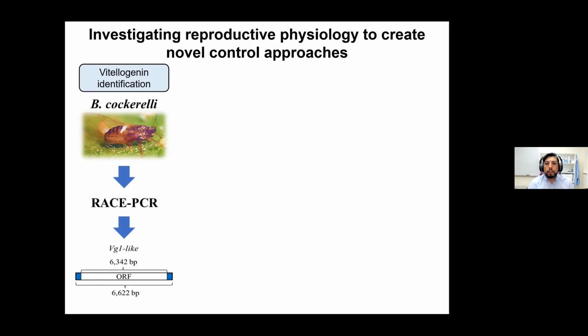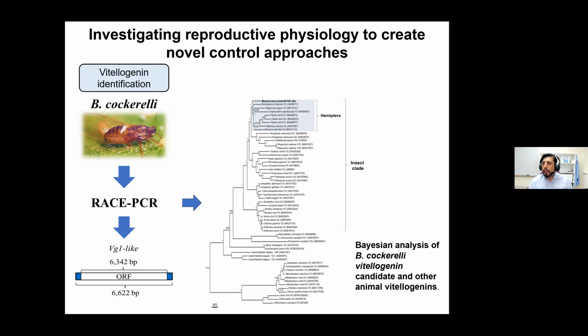We fully sequenced this gene, and this transcript has an ORF of 6.3 kb. Then I compared the sequence to other previously described vitellogenin genes and built a phylogenetic tree using Bayesian analysis, and our vitellogenin clades with other hemipterans.